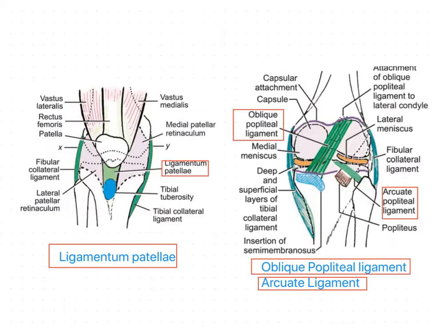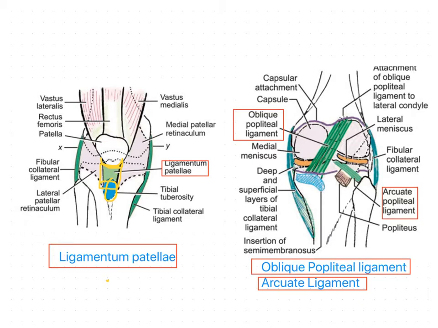Now we will see the other extracapsular ligaments. Anteriorly, we can find the ligamentum patellae. It is attached above to the apex of the patella and below to the upper half of the tibial tuberosity. So this is about the ligamentum patellae.